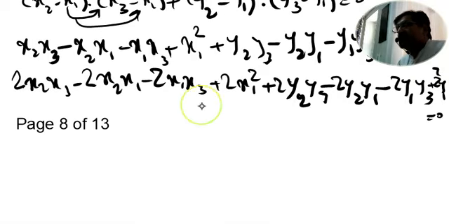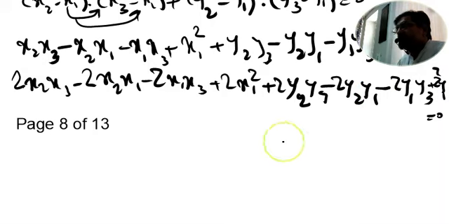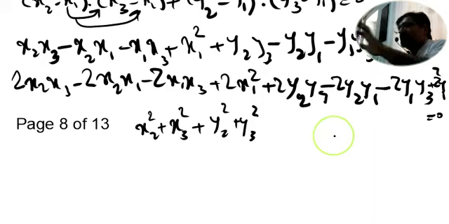Adding this, we have x1 square and y1 square. We add x2 square, x3 square plus y2 square, y3 square to both sides of this equation.